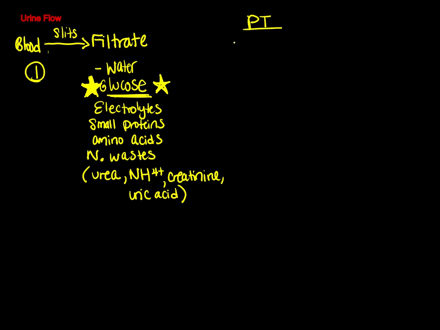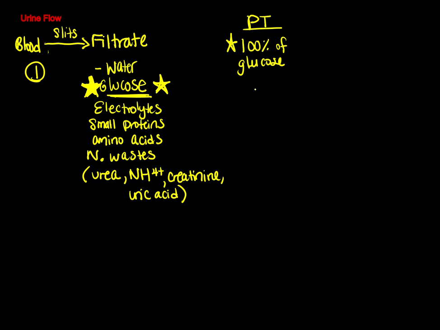We need that sugar. We need it so that we can break it down and harvest energy. And so if there's one thing you remember about the proximal tubule, I want you to remember that 100% of all of our glucose, if our kidneys are functioning properly, 100% of all of our nutrients such as glucose should be reabsorbed at the proximal tubule.